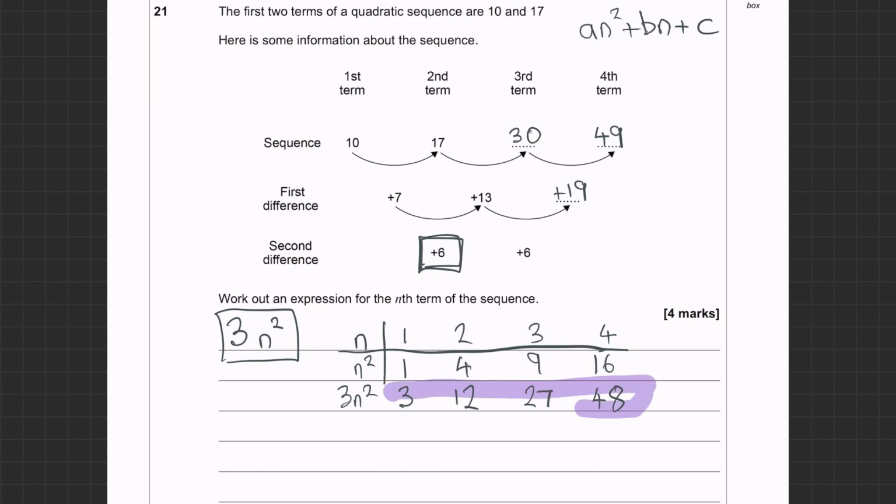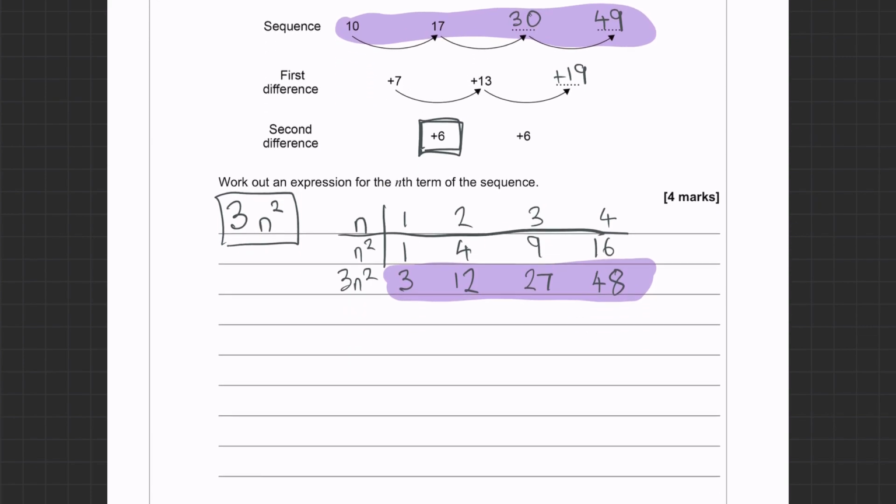Now we've got this sequence here. What we need to do is take the original sequence, which is this sequence here, and subtract the new sequence. So we've got 10 take away 3 for the first one. So we've got 1, 2, 3, and 4. So 10 take away 3 is 7.